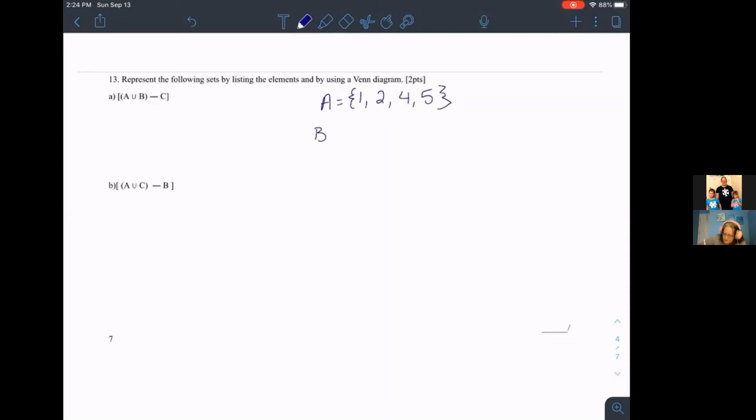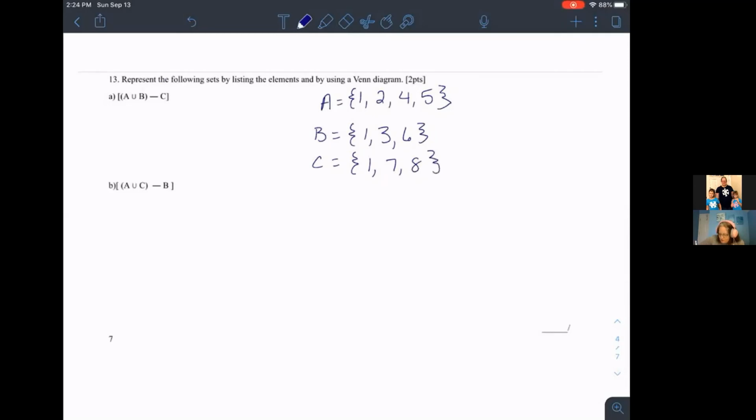B is going to be equal to 1, 3, and 6. We're going to have C, it's going to be equal to 1, 7, and 8.